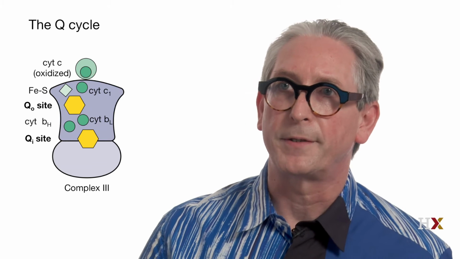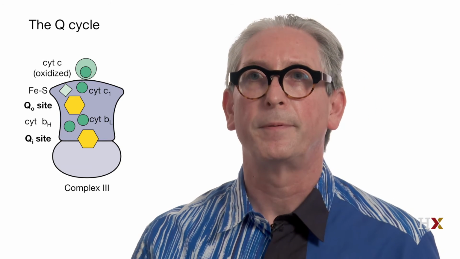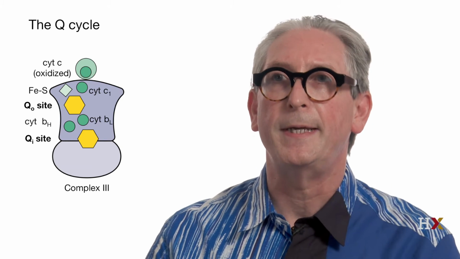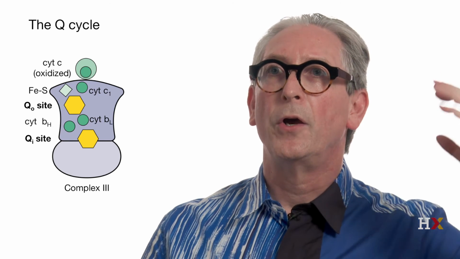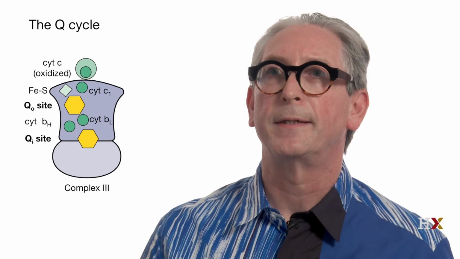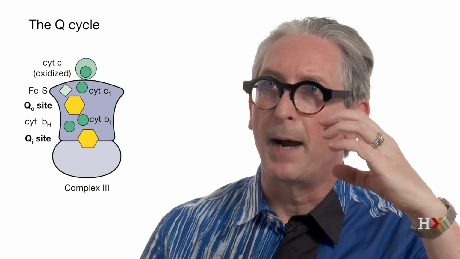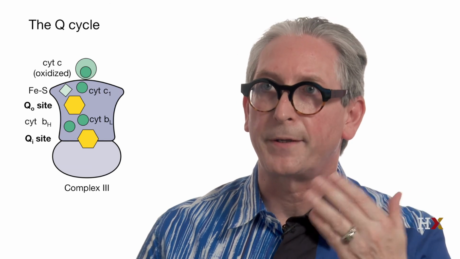So how does the Q cycle work? It's a multi-step process. In the first step, complex 3 has a molecule of oxidized cytochrome C that is bound to cytochrome C1.